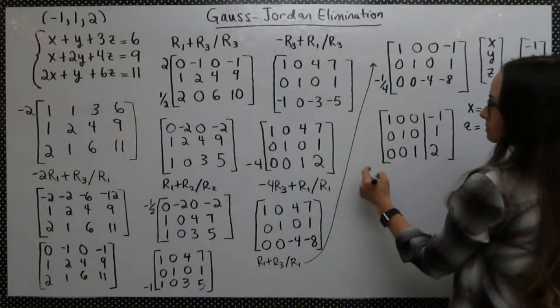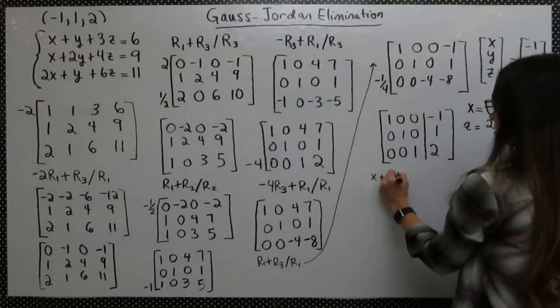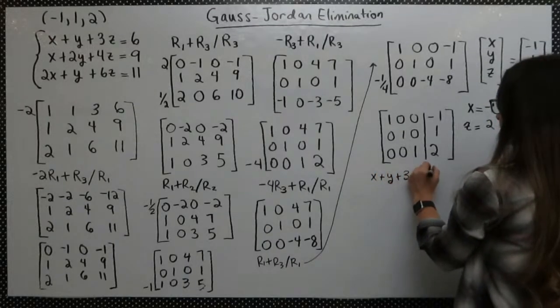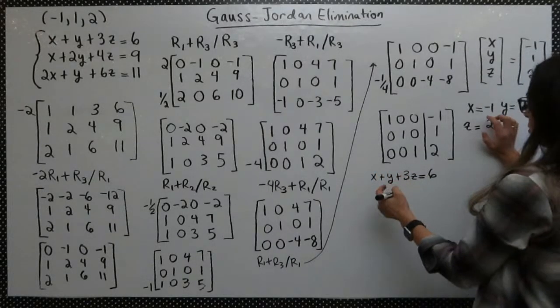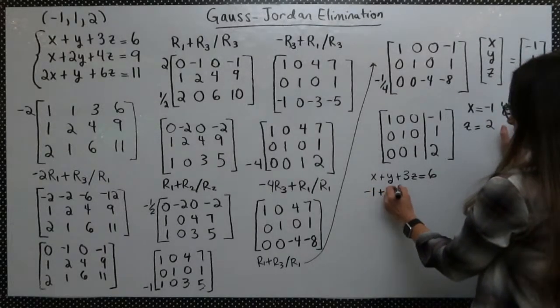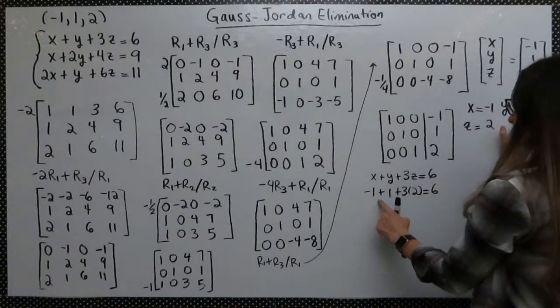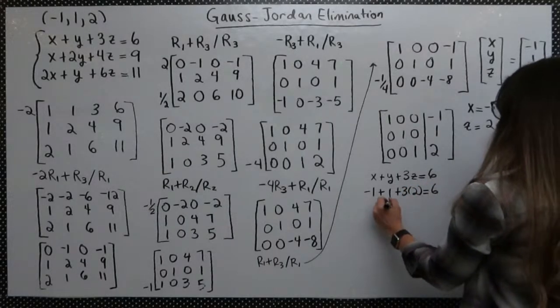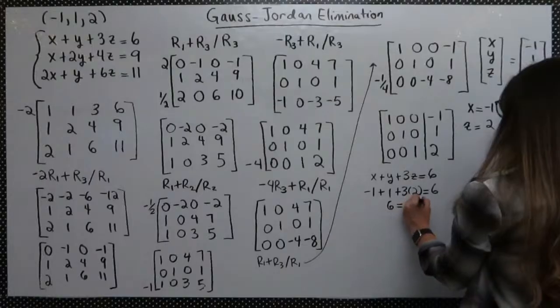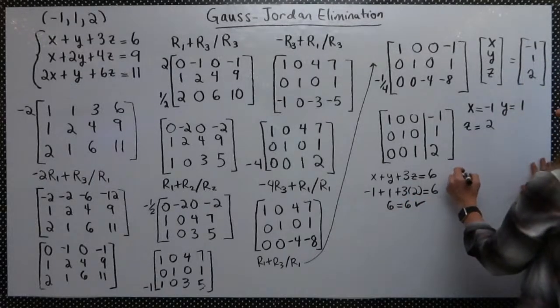The first one: x plus y plus 3z equals 6. So you've got negative 1 plus 1 plus 3 times 2 equals 6. 1 minus 1 is 0, and then you get 6 equals 6. So that one checks.